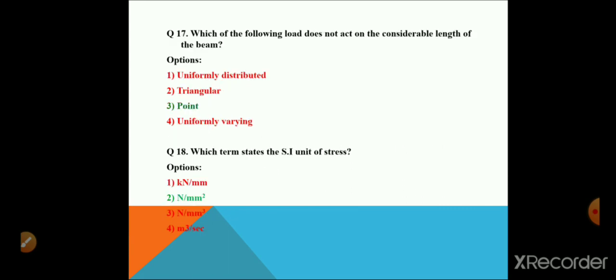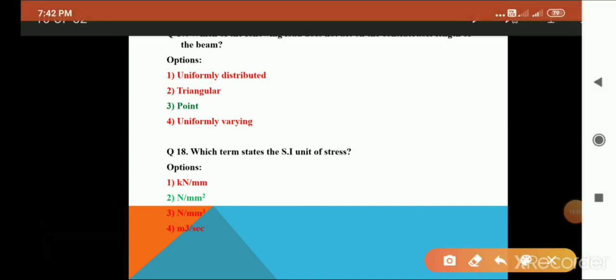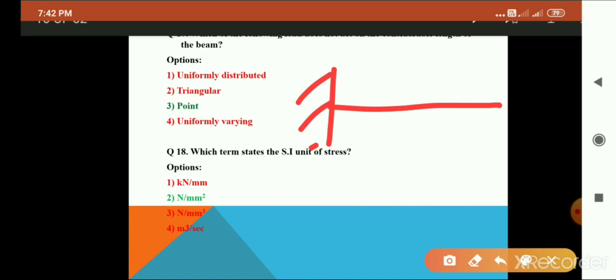Which of the following loads does not act over a considerable length of the beam? As you can see, this is a simple cantilever beam.